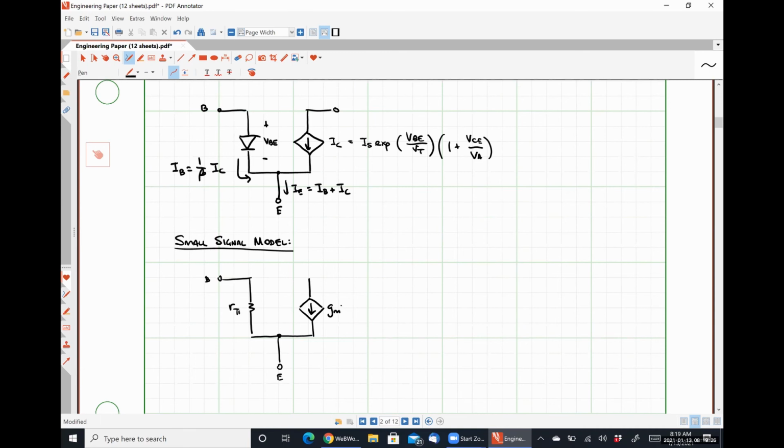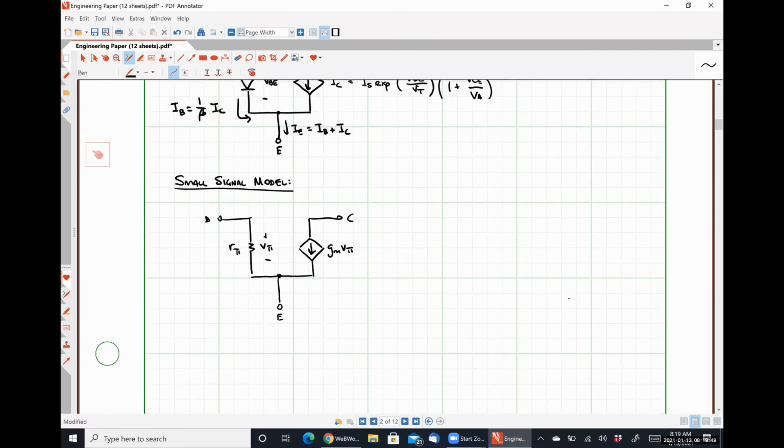Then we have GM times V pi, where V pi is the small signal base emitter voltage. GM is the transconductance. So that's our starting point for our small signal model, with no early effect.